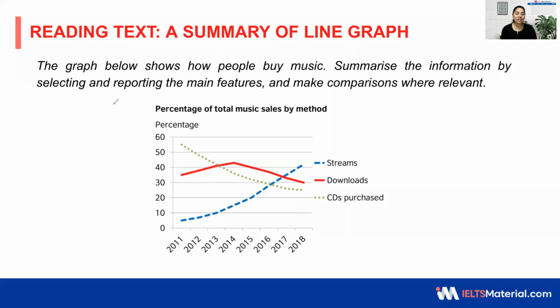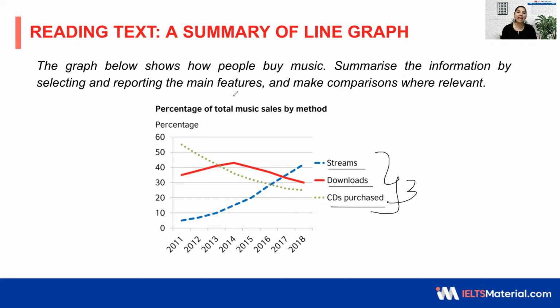Now let's discuss this line graph, and here I will explain the categories and what important features have to be considered. First of all, if we see the categories, there are three categories. One is streaming, the other is downloaded, and the third is where you buy or purchase a CD.